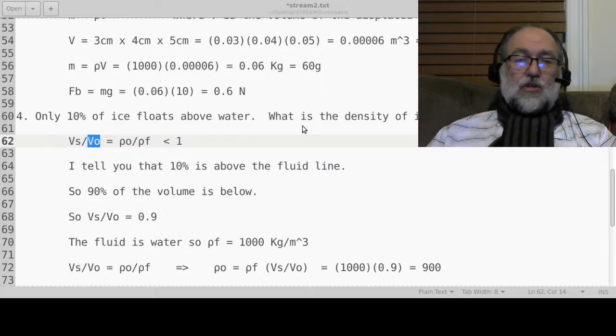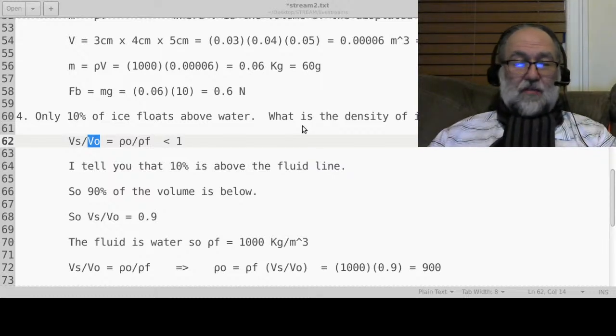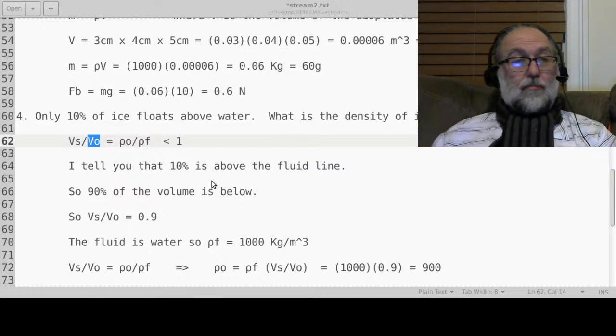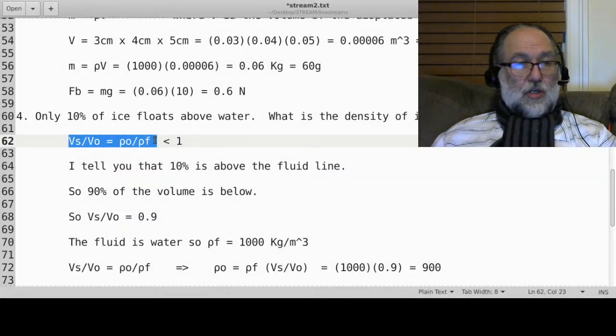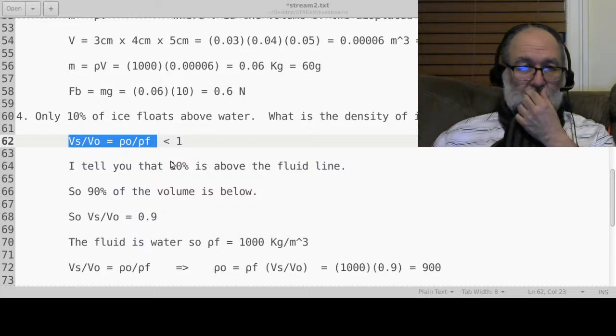You can't have something floating and there's more volume under it than there is entire volume. So the submerged fraction always has to be less than 1. And in fact, Archimedes' principle applied to floating shows that this is the case. As you can see, both sides have to be less than 1. You'd have a contradiction otherwise.